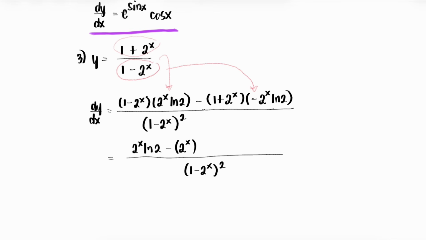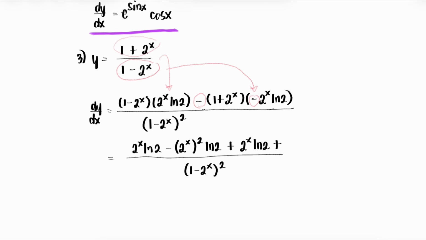So that's 2 to the power of x quantity squared, right? Ln of 2 plus, it's a plus right here because it's a minus and a minus. So plus 2 to the power of x ln of 2.